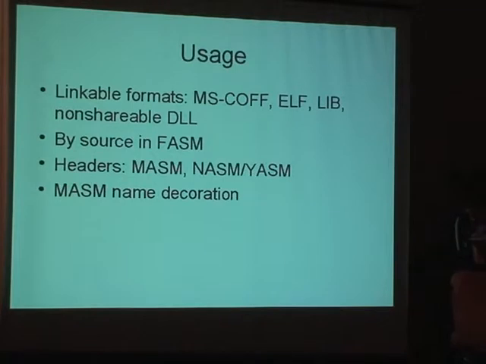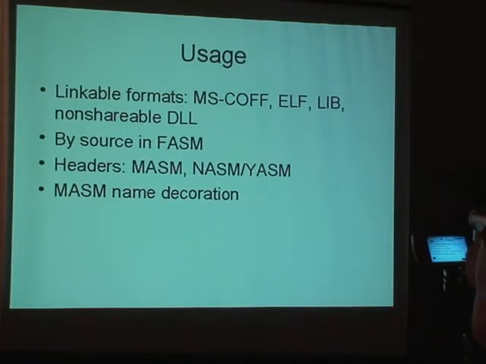Then for the Windows platform, I also provide a library, which is different from an object in a way that only the parts of FASMLIB which are actually referenced are linked: when you use the library, only the parts which you use and also parts which are used by parts you use. And as the last thing, it's a dynamic link library. It's not shareable yet because I didn't see that as very important. It was just very easy to do this format, so I did it.